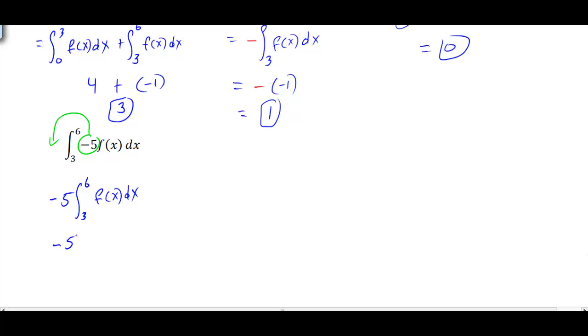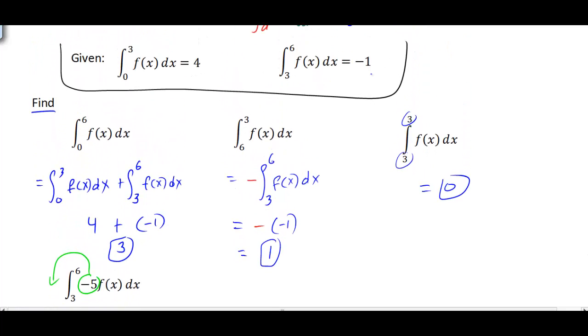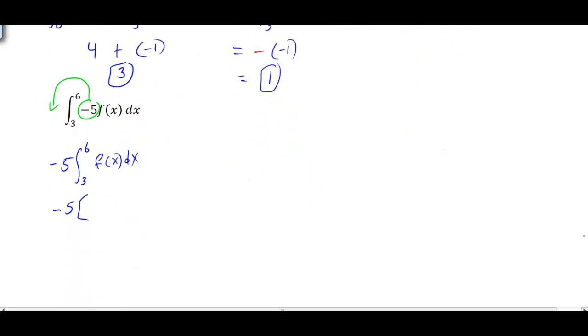So we have the negative 5 out front, and we know the integral of our function from 3 to 6, that is given to us up here to be equal to a negative 1, so we end up with negative 5 multiplied by negative 1, so your answer is a positive 5.